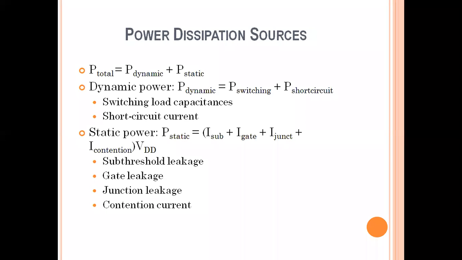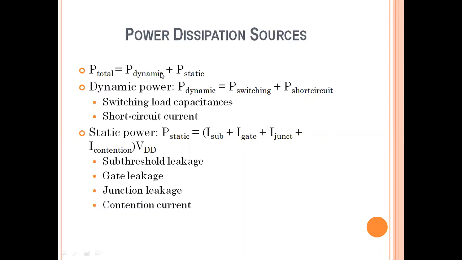In the total power dissipation of the VLSI circuit or chip, we calculate the dynamic power dissipation combined with the static power dissipation, right? The main aspect of the VLSI chip is that power dissipation should always be low. Whenever you manufacture the VLSI chip, dynamic and static power dissipation should be low, right?